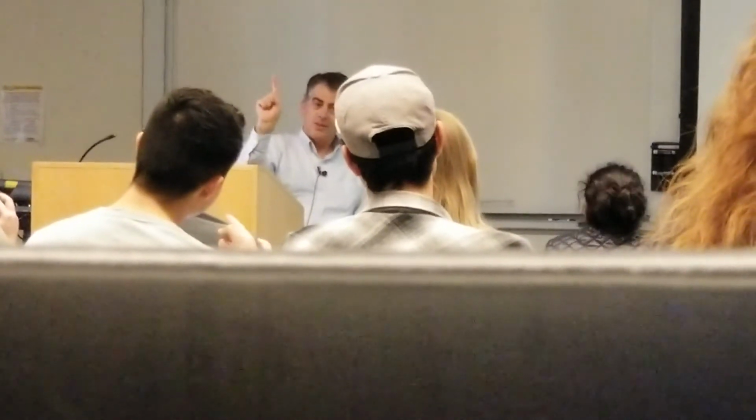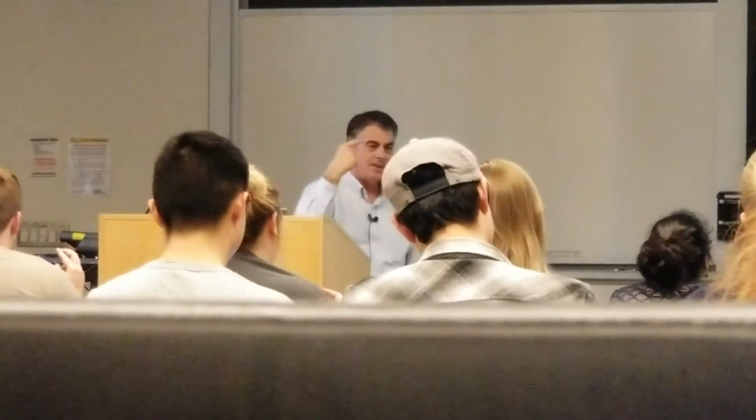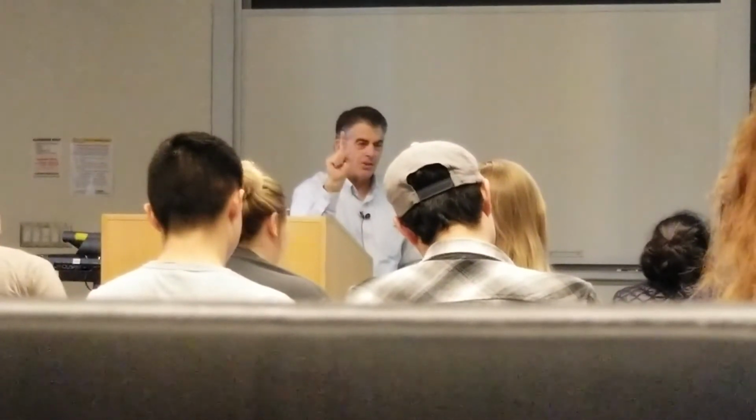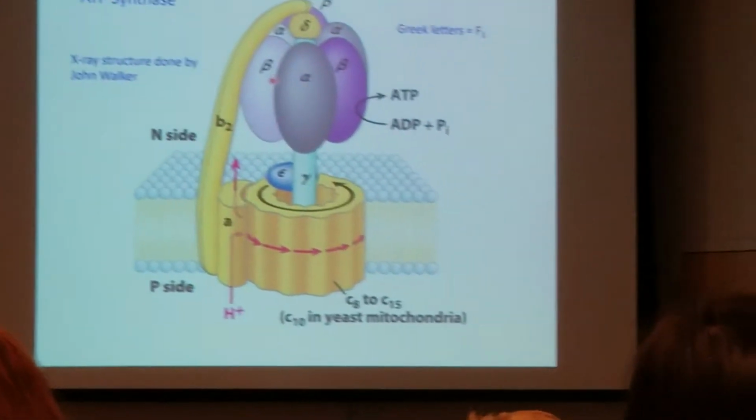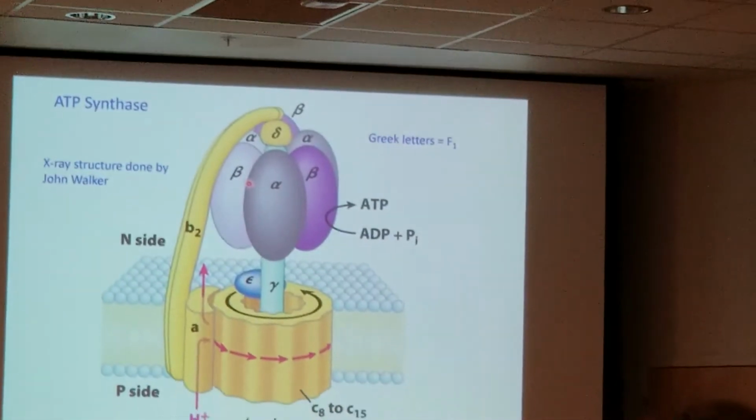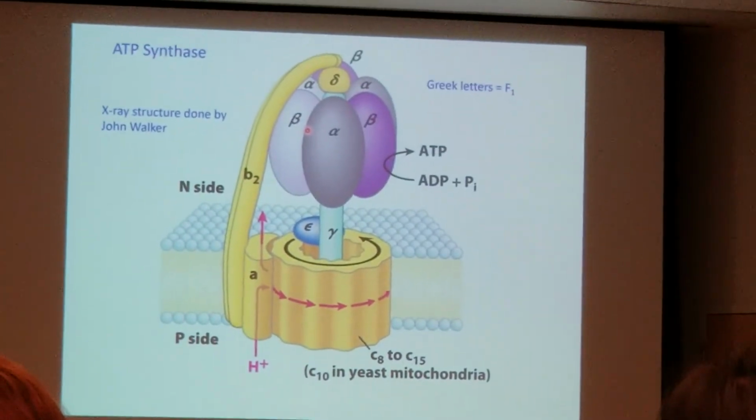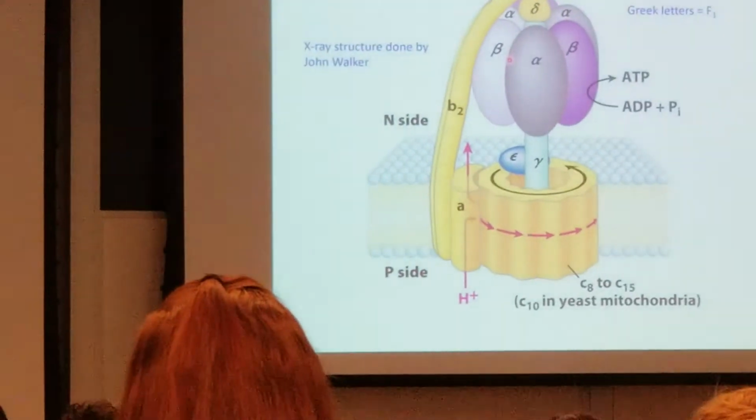So apparently this rotor moves 120 degrees at a time. 3 clicks of 120 makes it 360. At the corners of that 120 degrees is one of these dimers. So here's my finger, it's the gamma subunit.